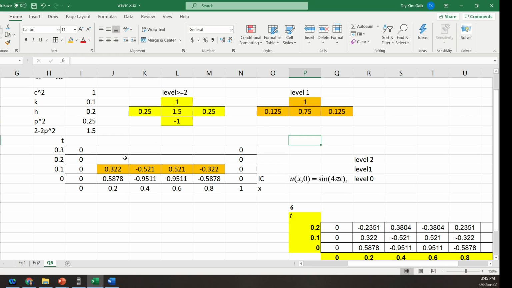Now level 2. For level 2, you need this three-level scheme. It is 0.25, make sure you constant it, multiplied by... you are keying in J11.